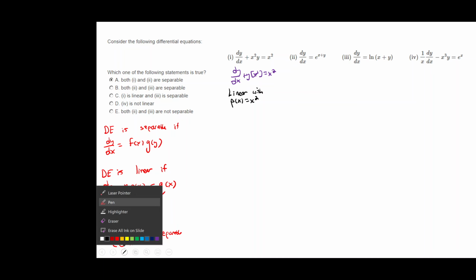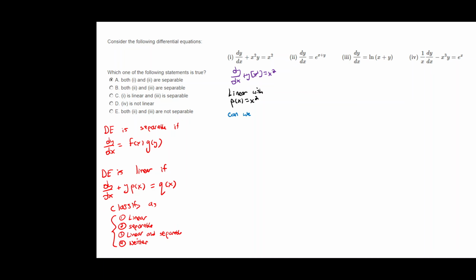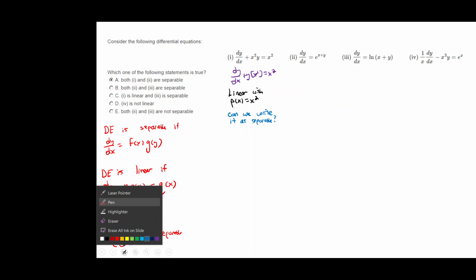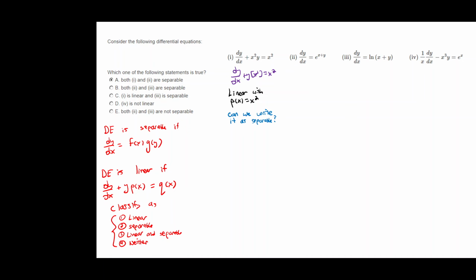Can we write it as separable? Well, that would require us to write it as dy by dx is equal to a function of x times a function of y. Let's try really hard to do that.